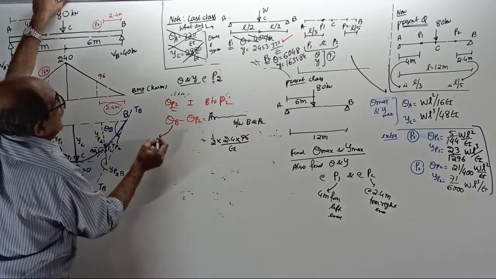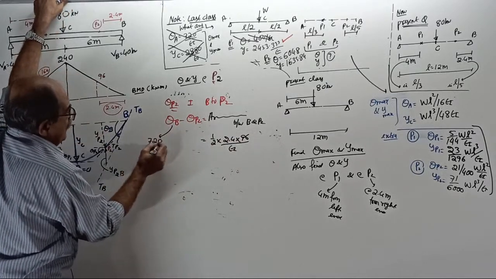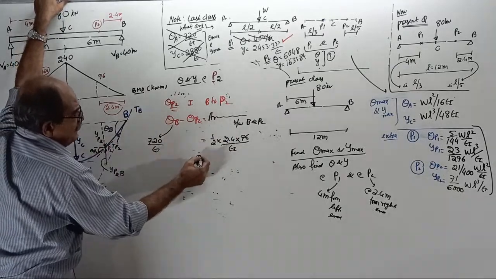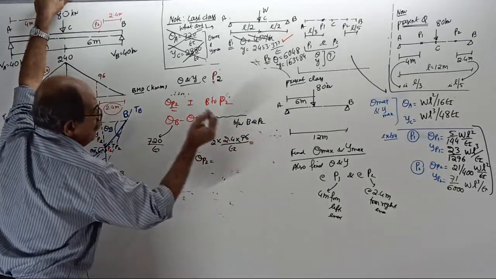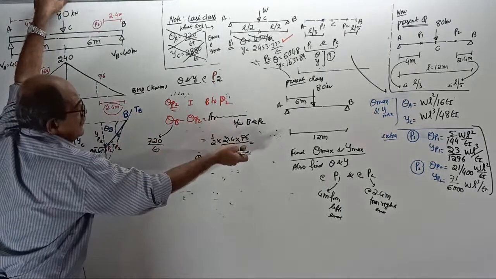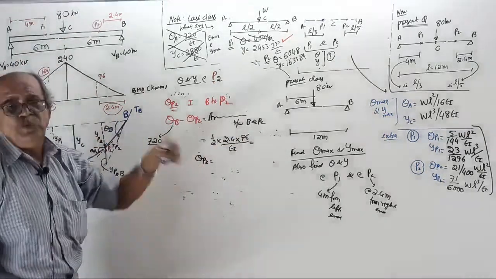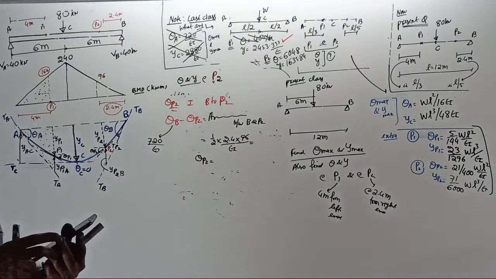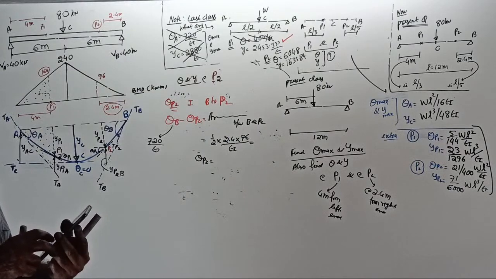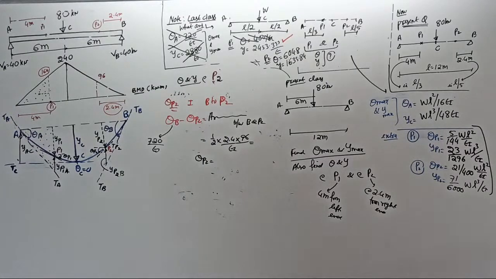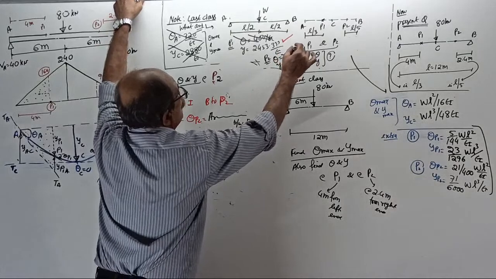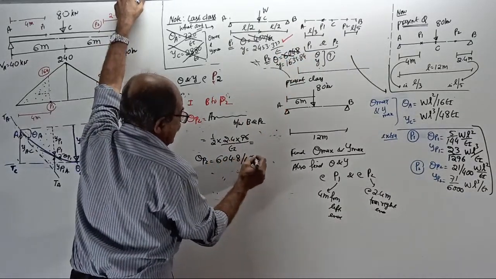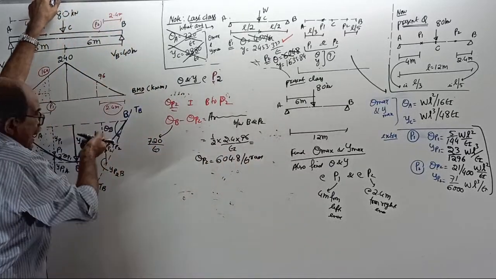Theta B is already calculated as 720 by EI. Now 720 minus this answer gives theta P2. The answer is 604.8 by EI radian. The direction you have to see here is anti-clockwise.